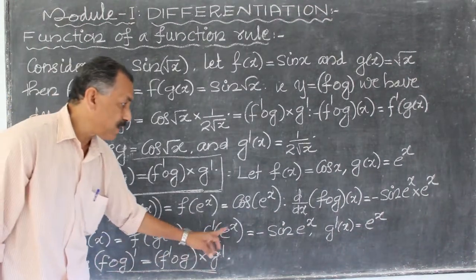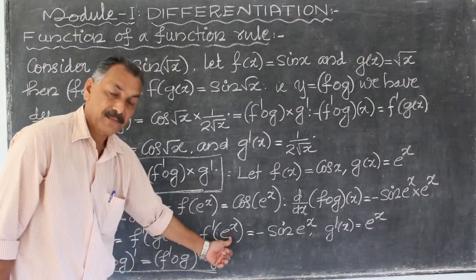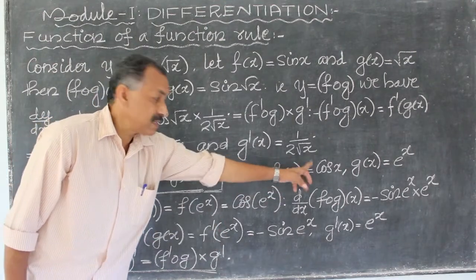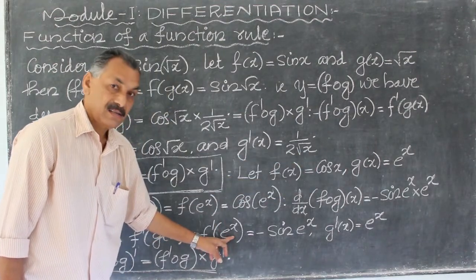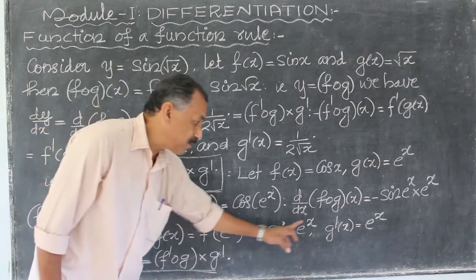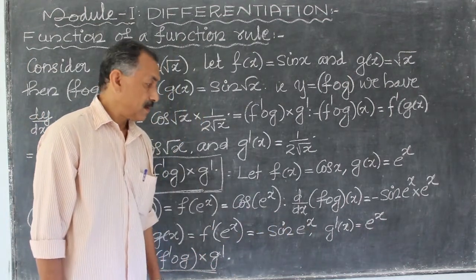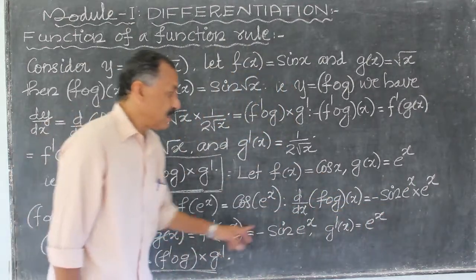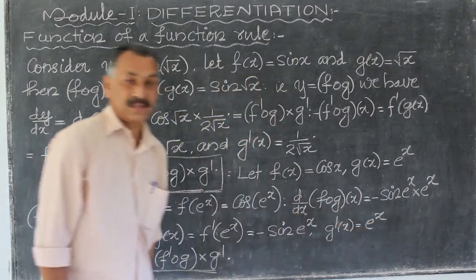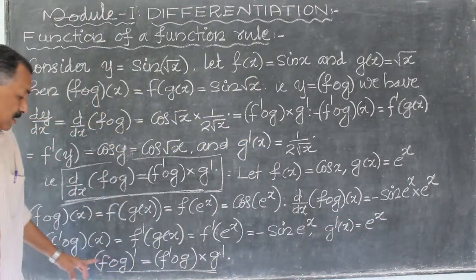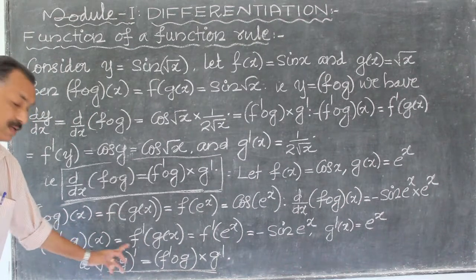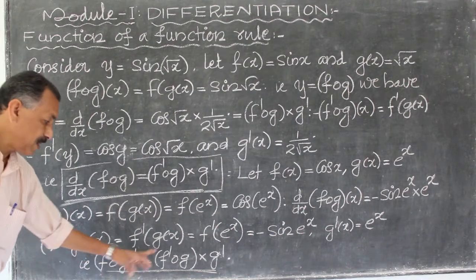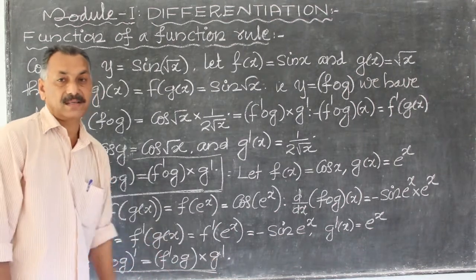That is f dash of e raised to x, since g of x is e raised to x. f dash of y, where f dash of x is minus sin x, is minus sin y, that is minus sin e raised to x. That is f dash dot g, into e raised to x, which is g dash of x. So the derivative of the composition f dot g is equal to f dash dot g into g dash.